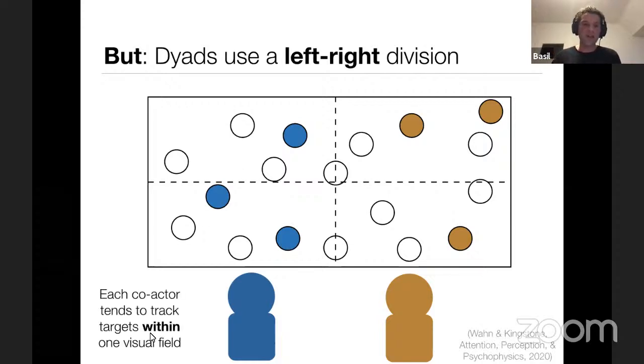So essentially, each co-actor tends to track objects within only one visual field. Keep in mind also, as I haven't mentioned, those objects do not move that far away from the initial starting positions. So they largely still remain in the same quadrants.